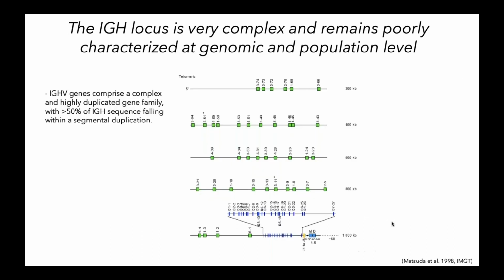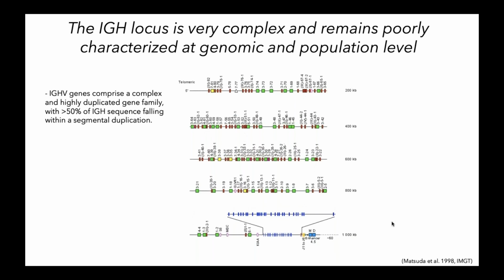In addition to allelic variation, as I already mentioned, the locus itself is complex. So I showed you this cartoon version before of just functional genes, and these functional genes are not the only genes in the locus. They're actually accompanied by pseudogenes as well. And so in the entirety of the V, D, and J region, there are about 130 to 150 some odd genes within a given haplotype.